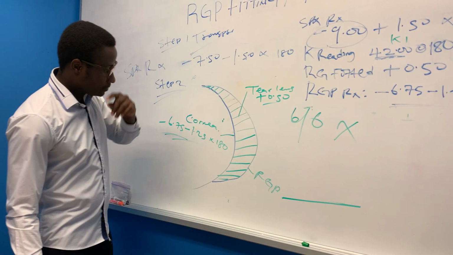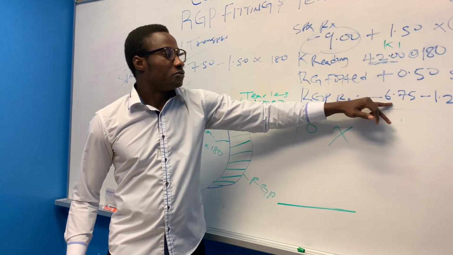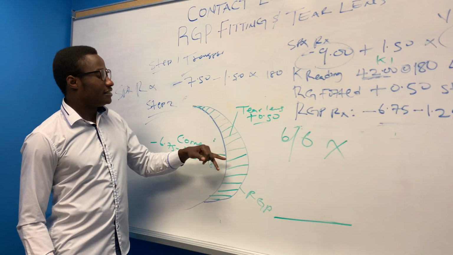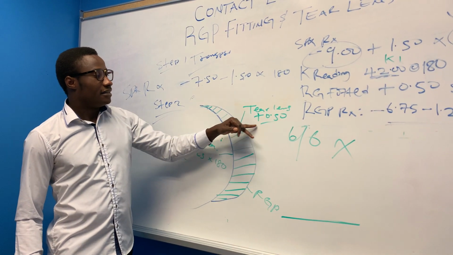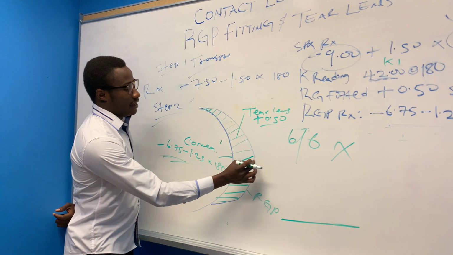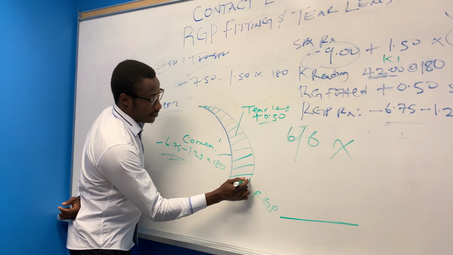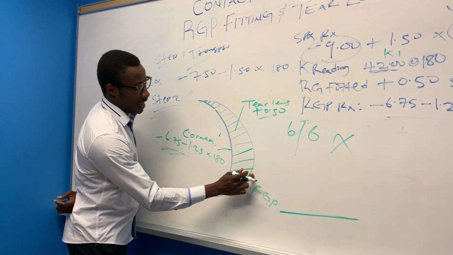Okay, now I have this RGP lens to fit, and I'm creating a positive tear lens. So I inserted this RGP lens of this prescription into this eye.